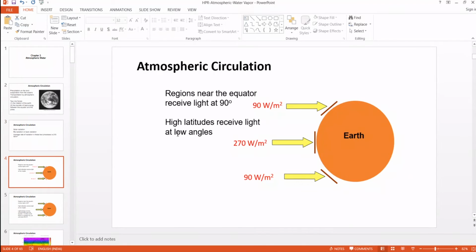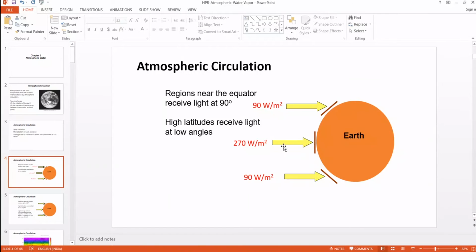See, this is the Earth, and this is the equator that divides this circle into two semicircles. Here is the equator, and you see the solar radiation hits the regions at the equator in perpendicular degree.